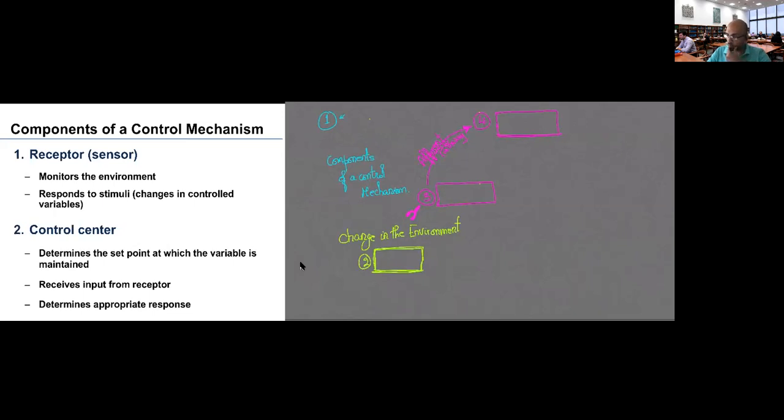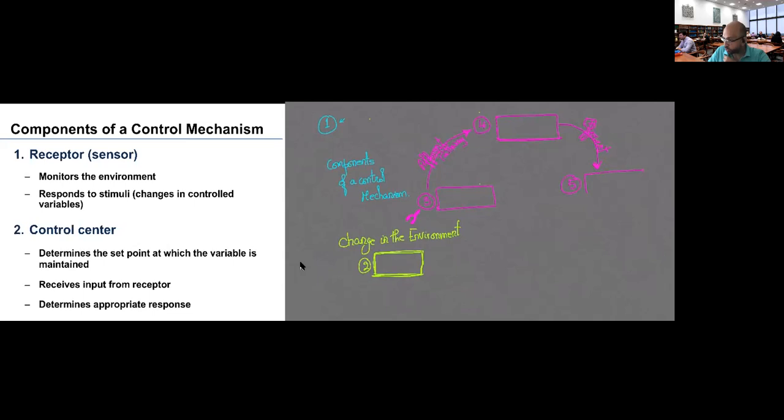And then number 4 will decide what organ it should have an effect on, and it sends out through the efferent pathway the signals that will be stimulating a specific organ.